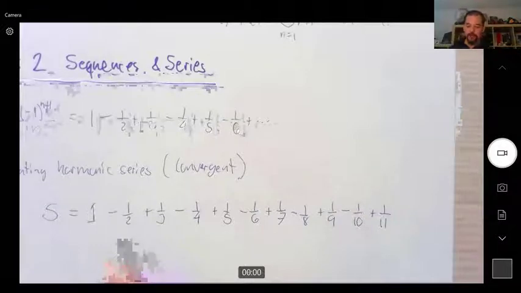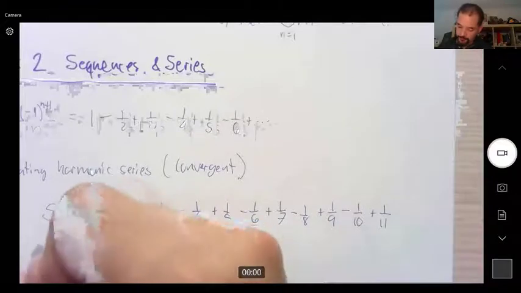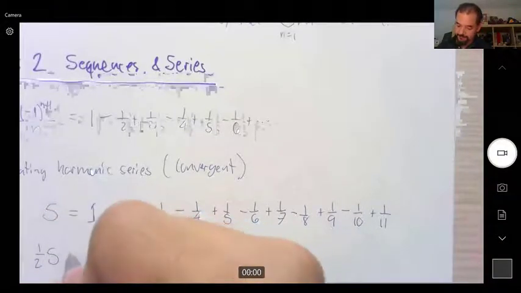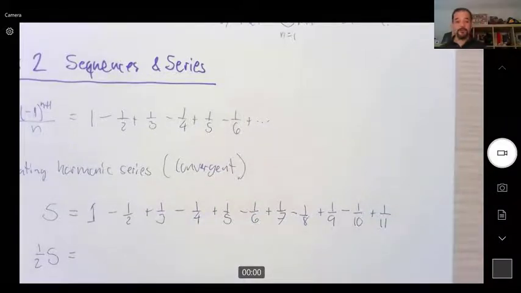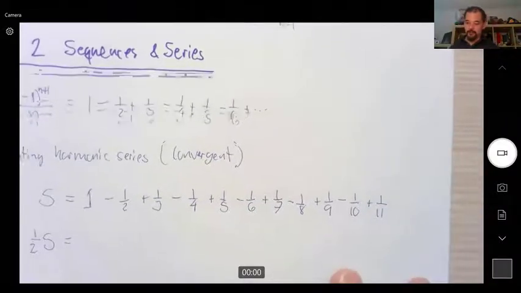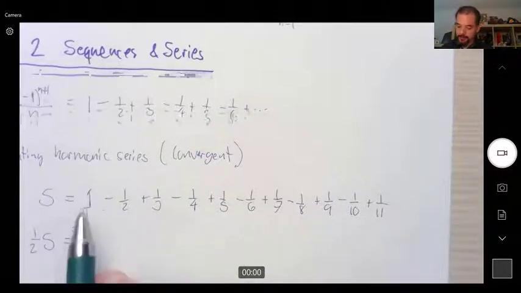Let's do the following. Let's multiply this by 1/2. So let's do 1/2 of S. I'm going to space it in a different way so that you can appreciate what I'm doing here. So I'm going to multiply this by 1/2.